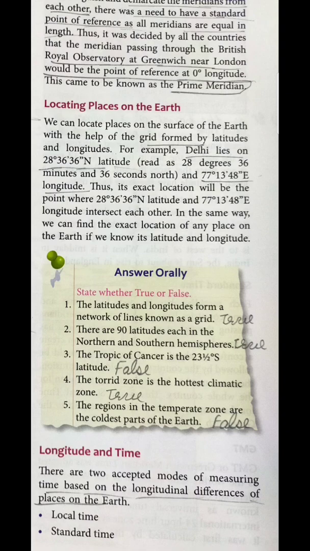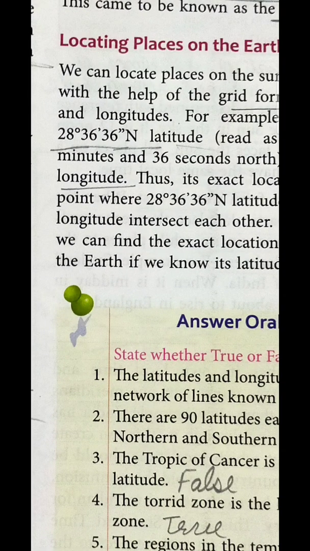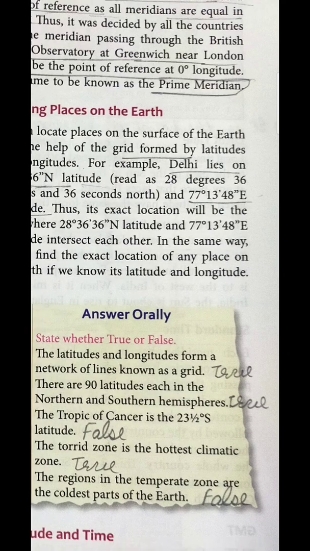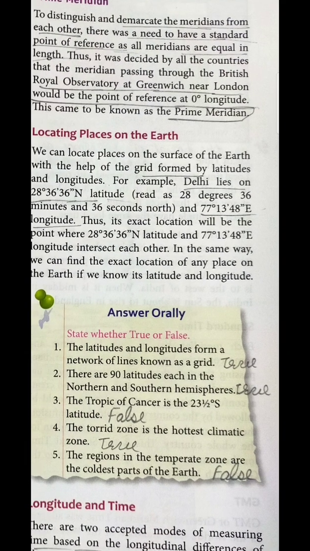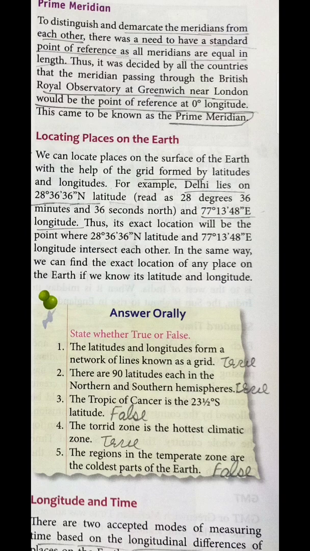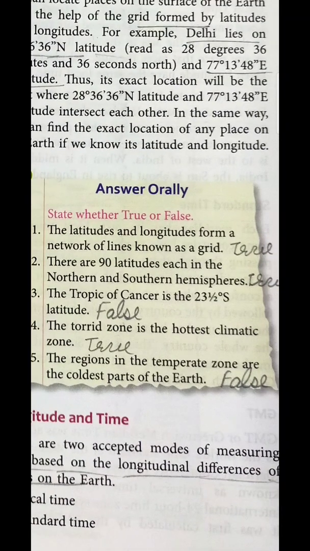An example is given in your book: Delhi lies at 28 degrees 36 minutes north latitude, and 77 degrees 13 minutes and 48 seconds east longitude. So you can find the exact location of a place with the help of longitude and latitude.